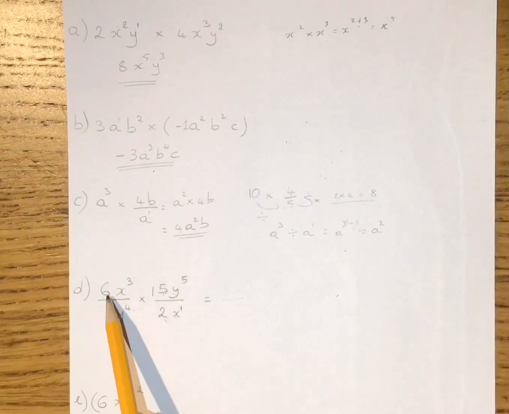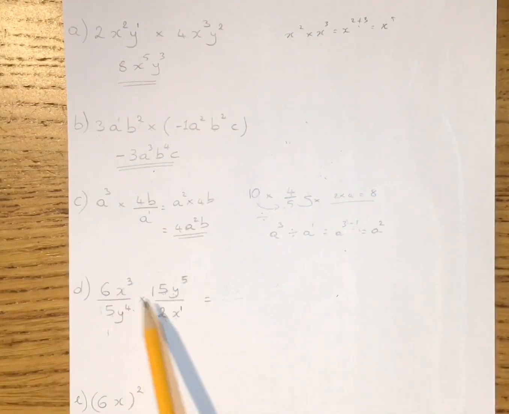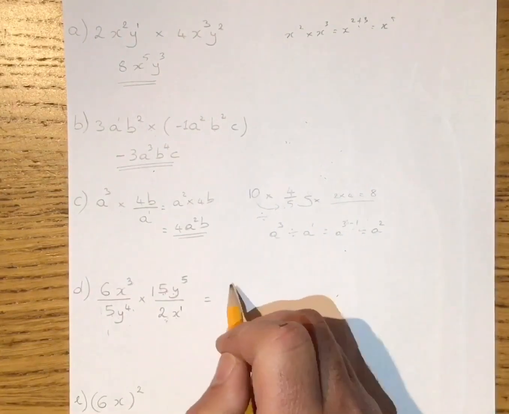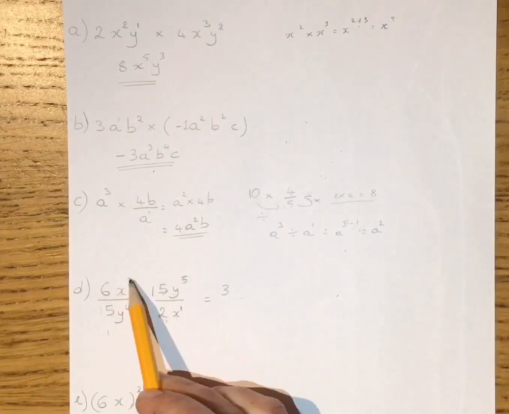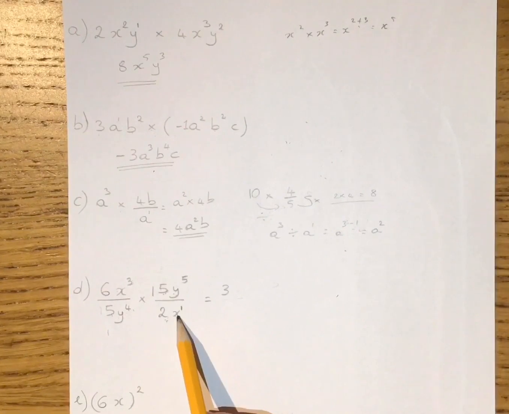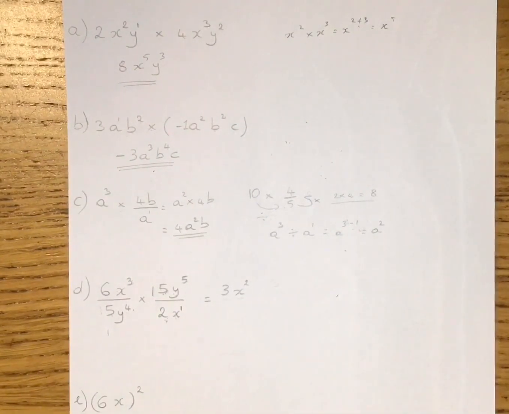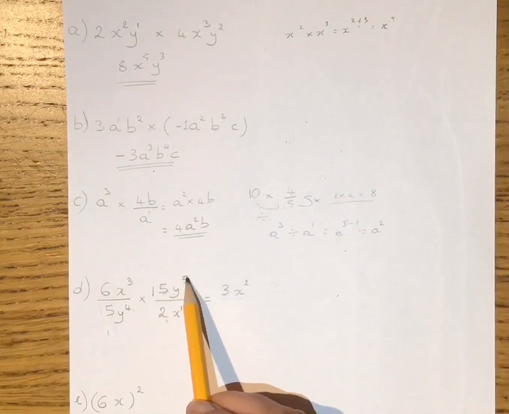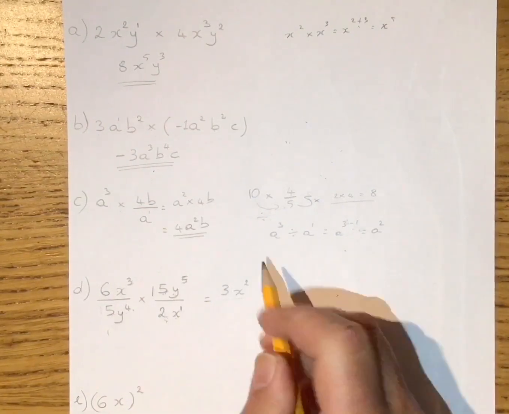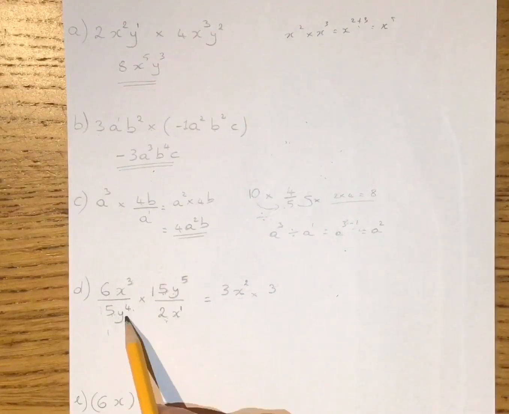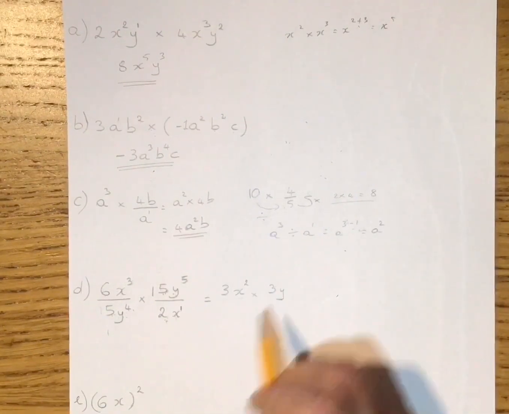Now we are going to cross simplify here. So 6 divided by 2 is 3. X to the power 3 divided by x to the power 1 is x to the power 2. 15y to the power 5: 15 divided by 5 is 3. Y to the power 5 divided by y to the power 4 is y.